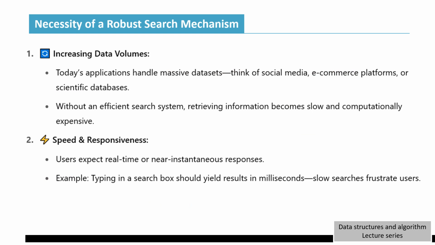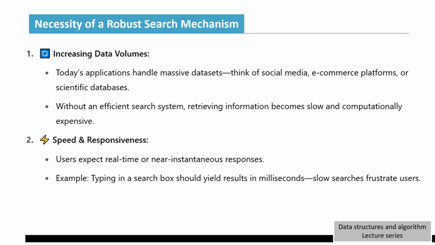So let us come to the necessity of a robust search mechanism. Why do we need a robust search mechanism? Because you know that time matters, speed matters, right? If we use a poor searching method, even a small data set can slow down the performance.